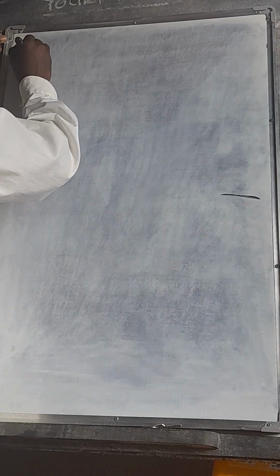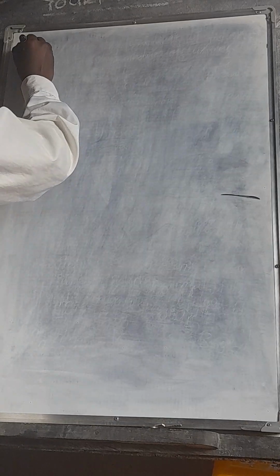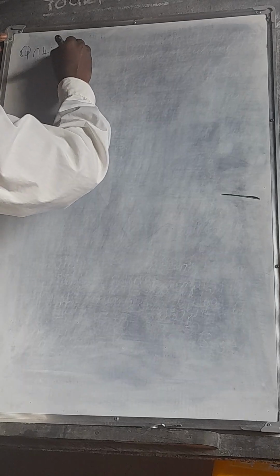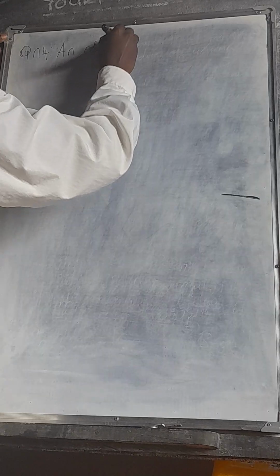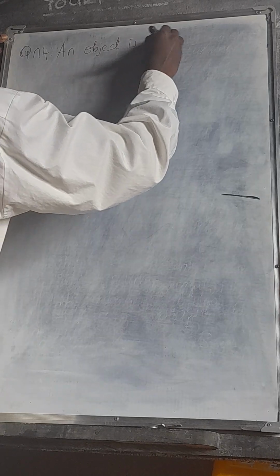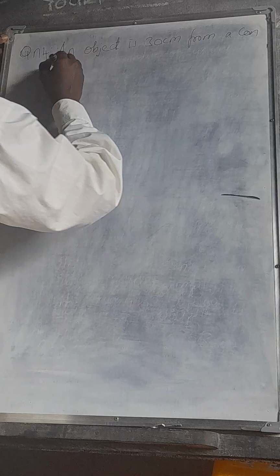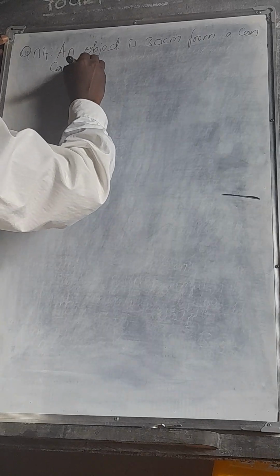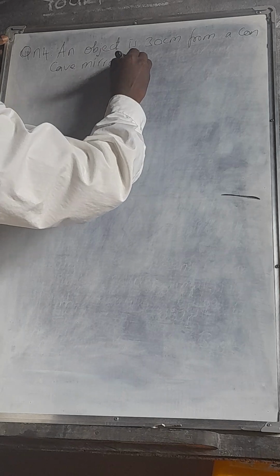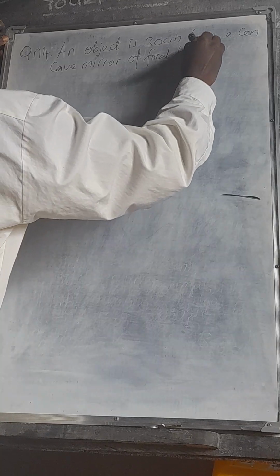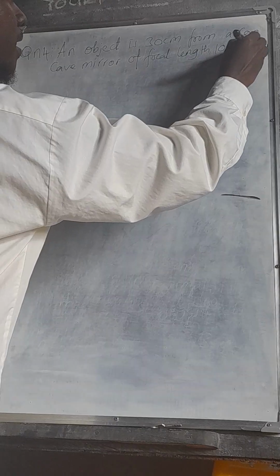Question number 4 says: an object is 30 centimeter from a concave mirror of focal length 10 centimeter.